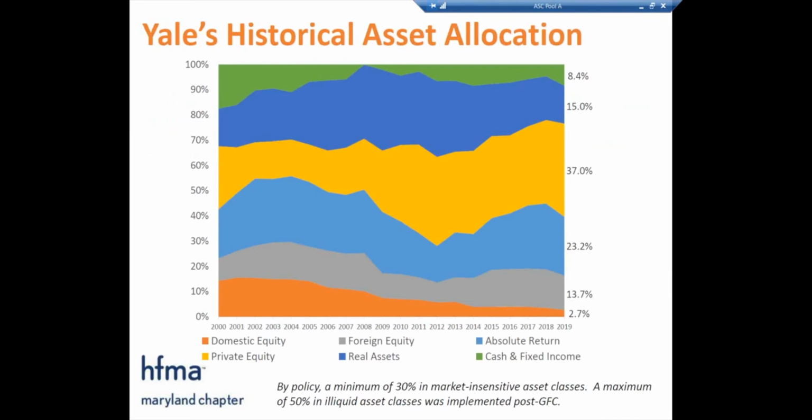If you look at the orange at the very bottom, the first category, that's their U.S. equity, and they have less than 3% allocated to public U.S. equity. Almost 14% in international equity. They have almost a quarter of the portfolio in absolute return assets.